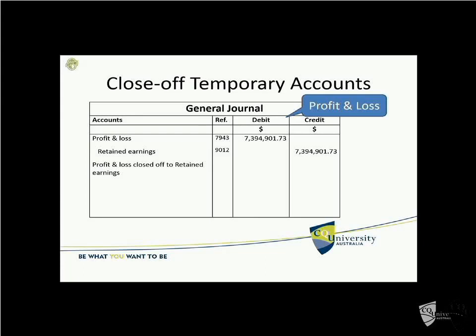We also looked at the difference between revenue and income when we looked at the definitions and reviewed them in week 1. And we saw that income is defined slightly differently to revenue. Revenue is in the ordinary course of activities, and income can include some gains that are not in the ordinary course of activities.